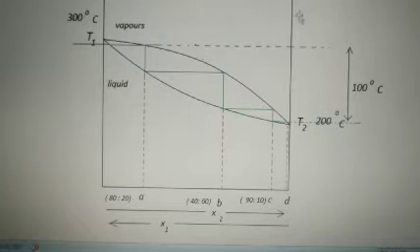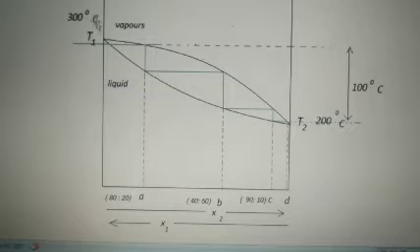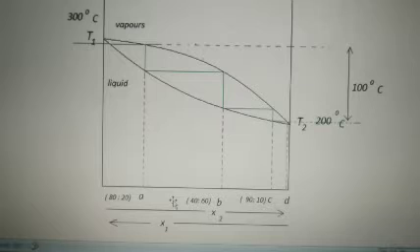Toward this side it is the variation of temperature, and toward this side again it is the variation of temperature. It is a temperature versus mole fraction graph, not vapor pressure. It is the graph between the temperature and the mole fractions, not between the vapor pressure and the mole fractions.